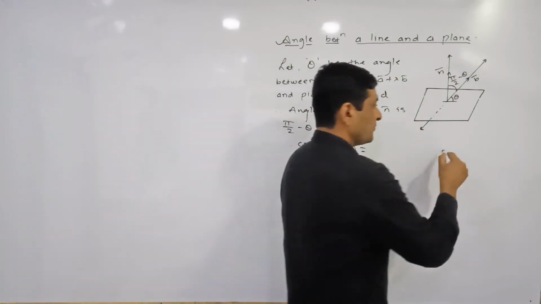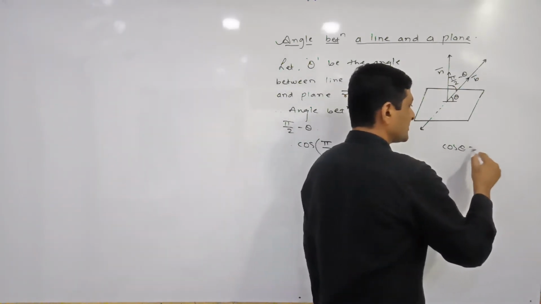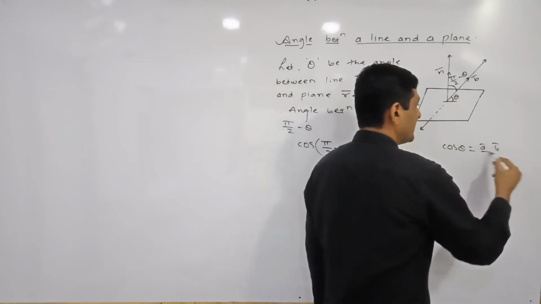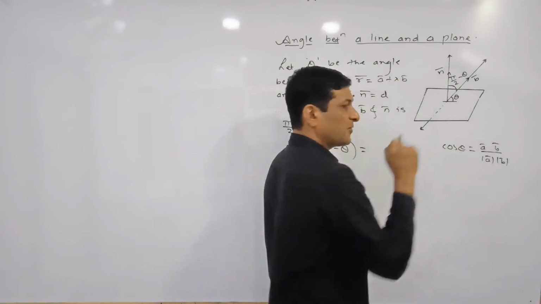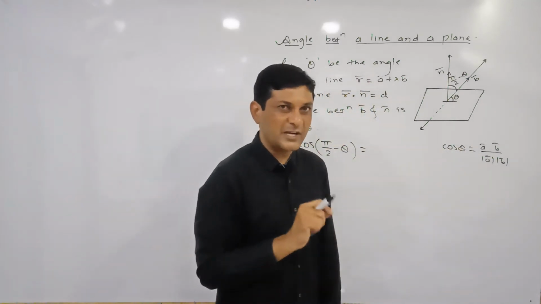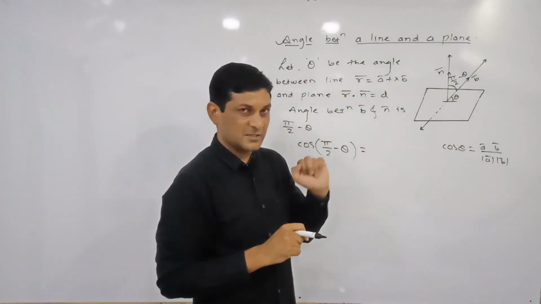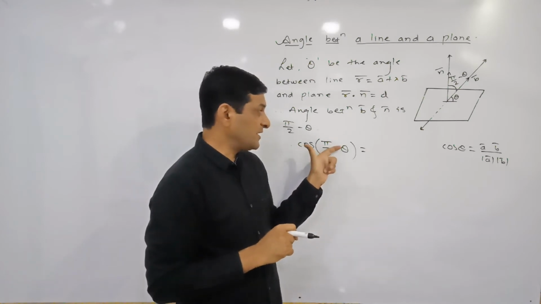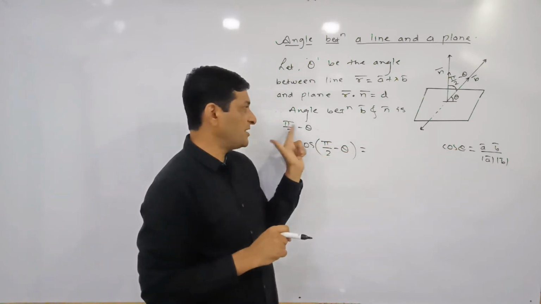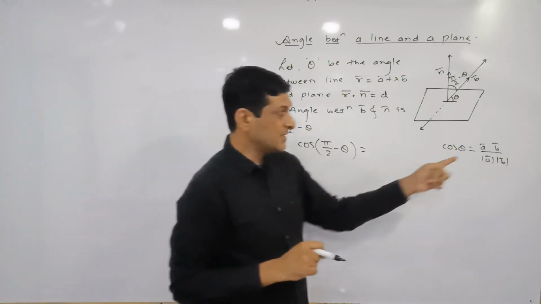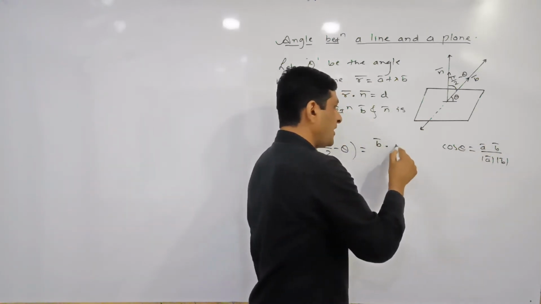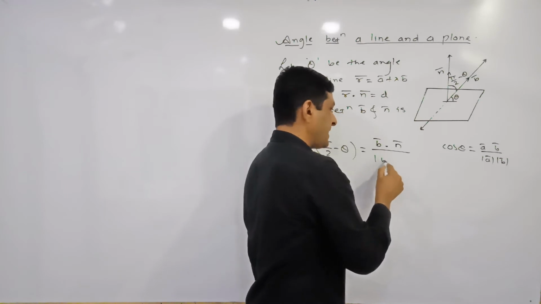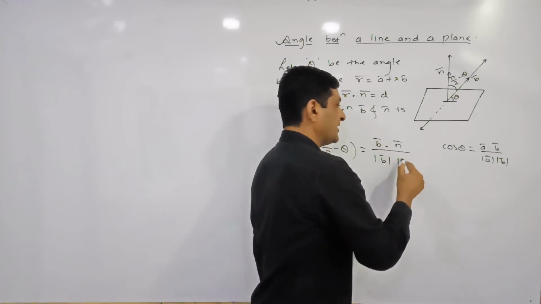What is the formula to find out angle between two vectors? Cos theta is equal to a bar dot b bar upon magnitude of a bar into magnitude of b bar. This formula we are applying here to find angle between these two vectors. So cos of pi by 2 minus theta is equal to, according to this definition, b bar dot n bar divided by magnitude of b bar into magnitude of n bar.